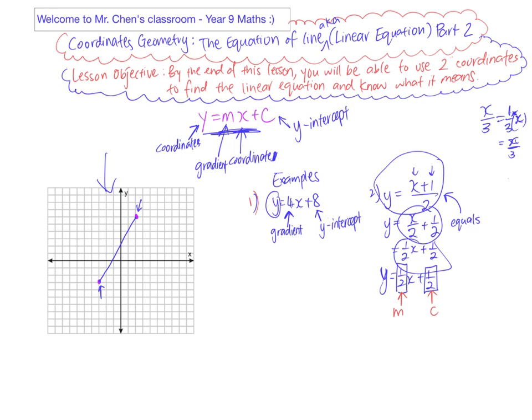So first, we know the y-intercept is 8. If I'm going to draw that on a graph, I will have to make a graph and then start labeling it. So that's 1, 2, 3, 4, 5, 6, 7, 8, 9.